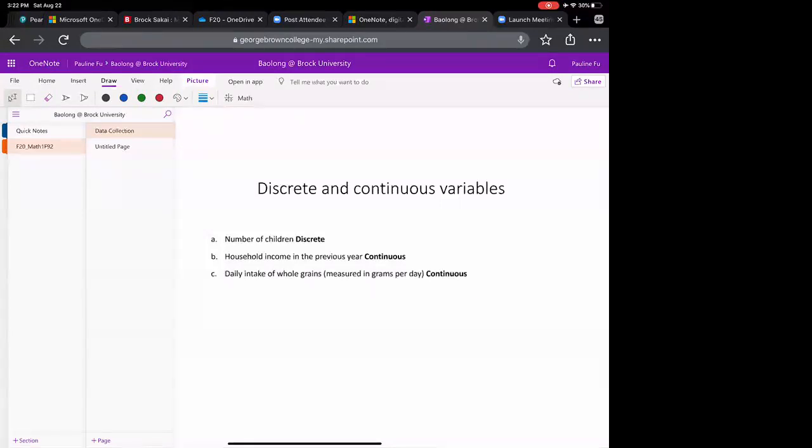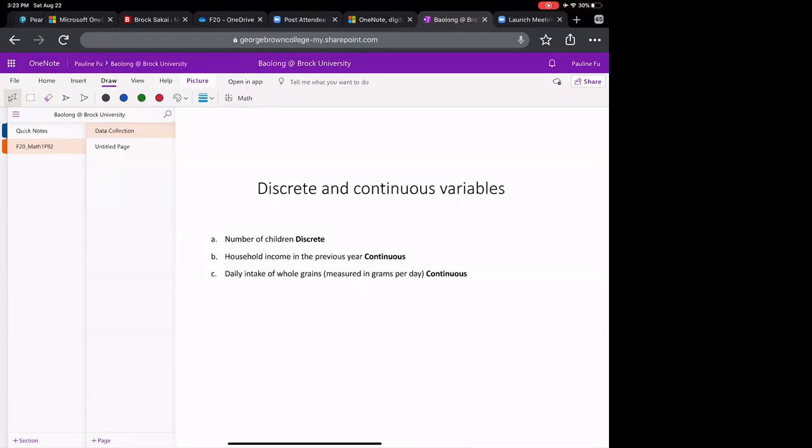A continuous variable is a quantitative variable that has an infinite number of possible values. For example, the household income, okay? You have your household income, I have my household income. Between your income and my income, there are many different incomes, many, and infinite.